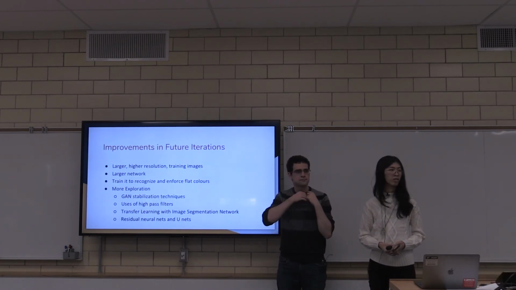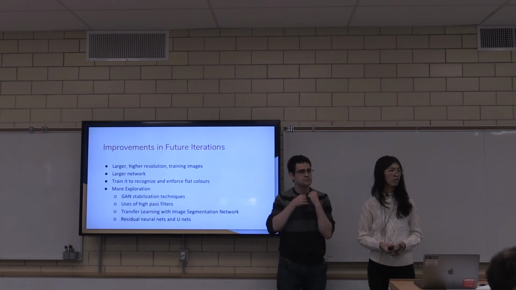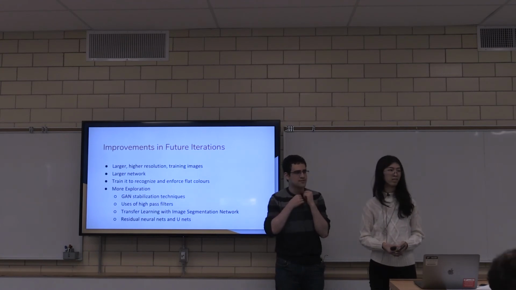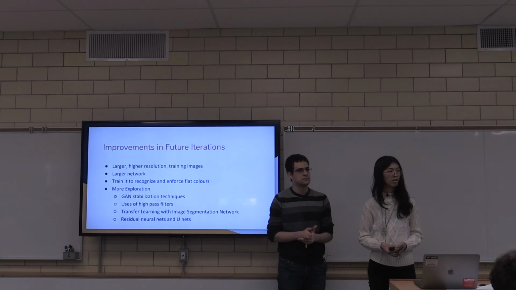Cool. Any quick question, comment? Yep. So I'm a little bit confused. Do you have paired data from grayscale to color picture? Is it paired or unpaired? Paired. So what would the results be if you just did maximum likelihood, like a PixelCNN or PixelRNN, instead of using a GAN?